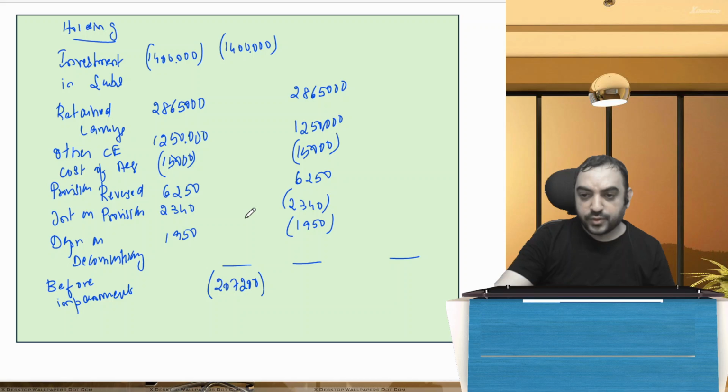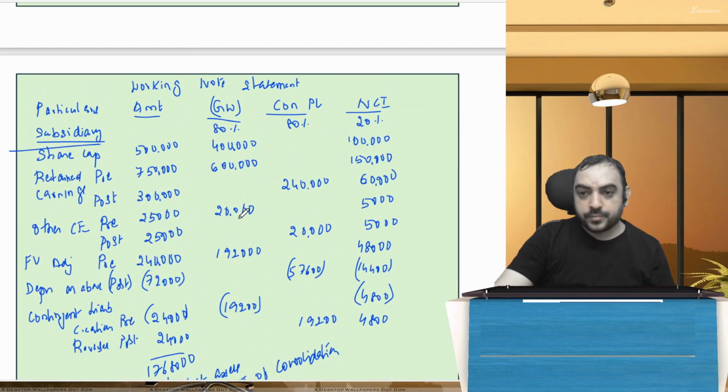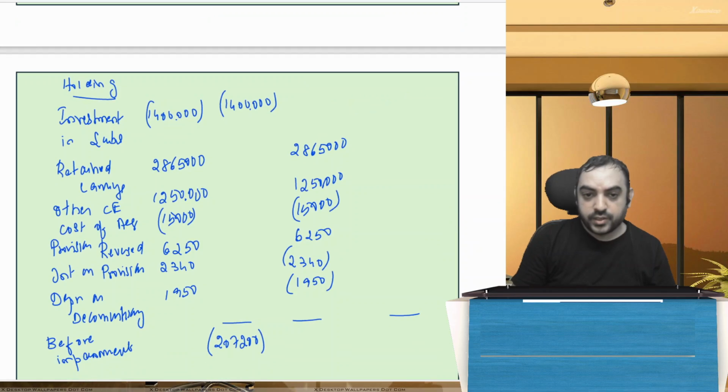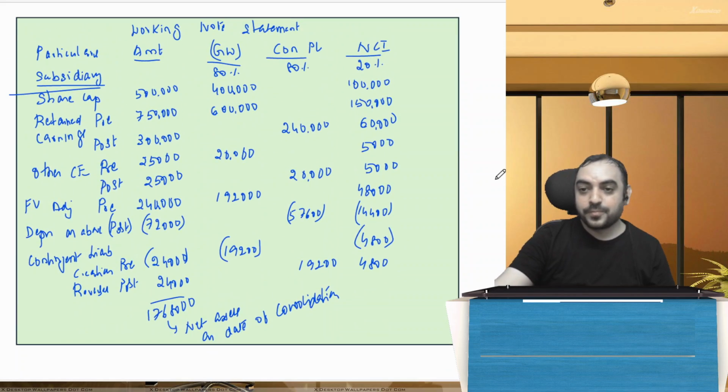Something is wrong. Let me calculate once more. I think 43,23,560. Yes, subject to impairment calculation.